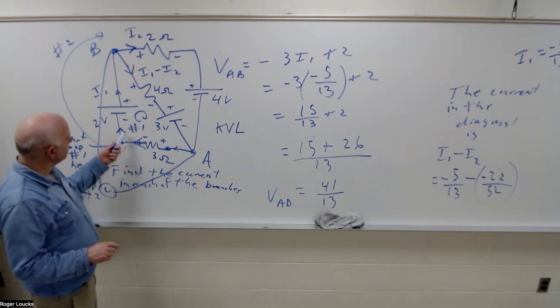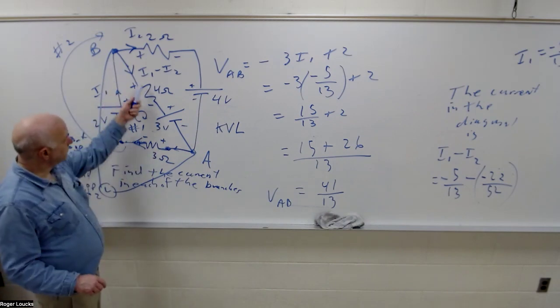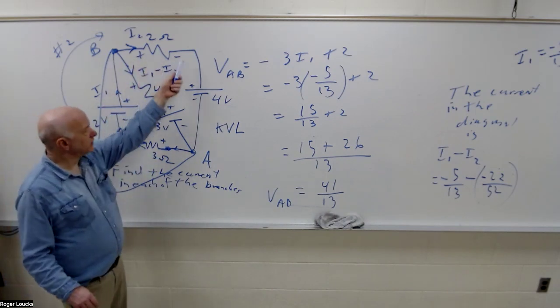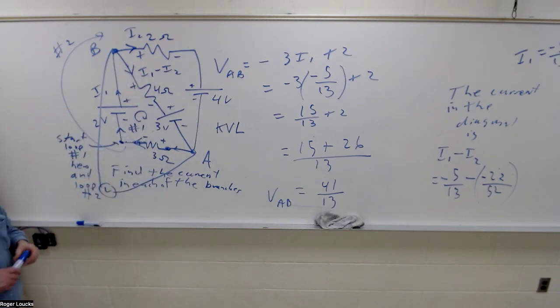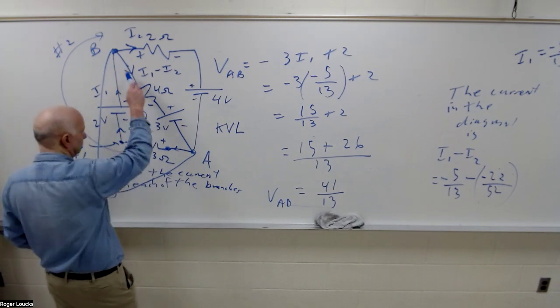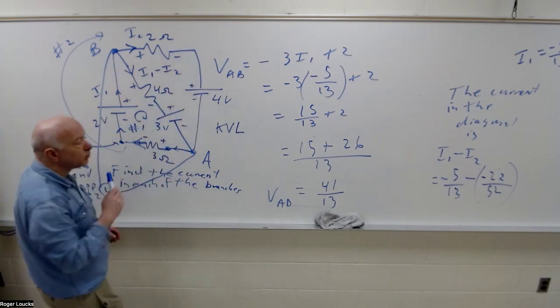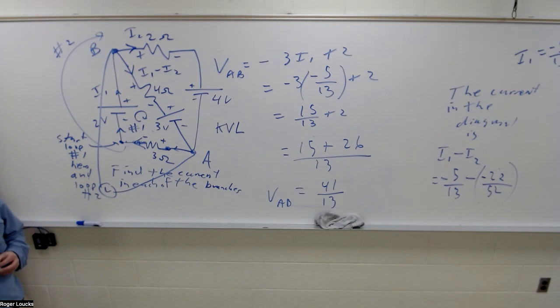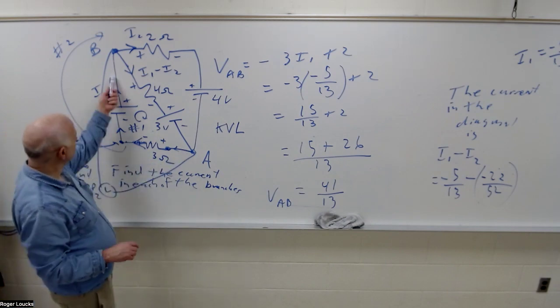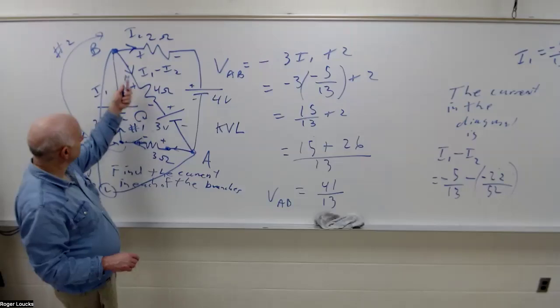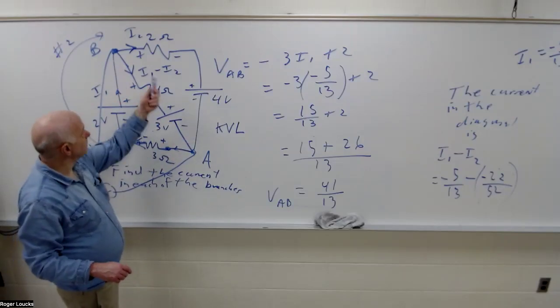Now, is that the voltage for this branch? Or is that the voltage for this branch? That's all of them. Because what do you know about this branch here, and this branch here, and this branch here? They're all in parallel. This bottom and this top are connected to this bottom and this top, connected to this bottom and this top.